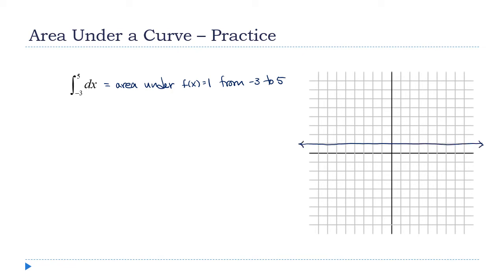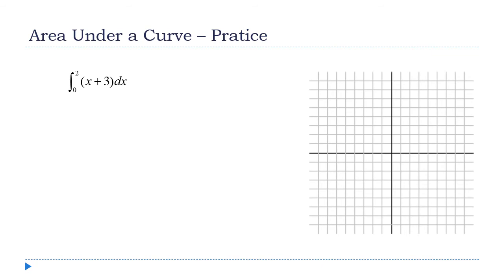And I want to go from -3 out to 1, 2, 3, 4, 5. So I want the area of this shape. But again, I know what that is. It's a rectangle. The area of a rectangle is width times height. The width of this thing is 8. The height is 1. So that's the area, and that is what my definite integral equals.